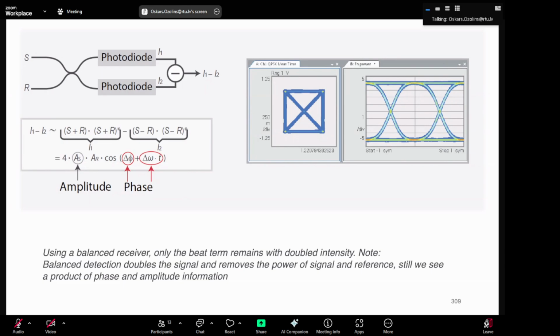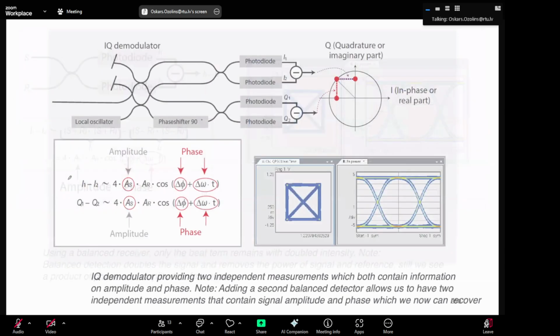So then we need to do something a bit more complicated. So for example, IQ demodulator, you have this term called local oscillator. So local oscillator is a laser which does not have any modulation on it. And then you use two balanced photodetectors, one for I, other is for Q. And then here you also get a phase shift of 90 degrees.